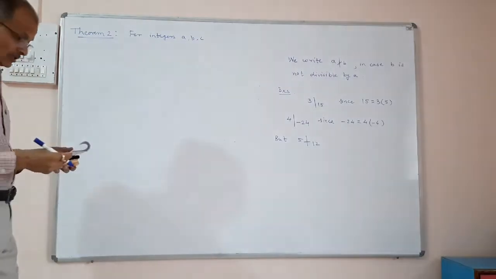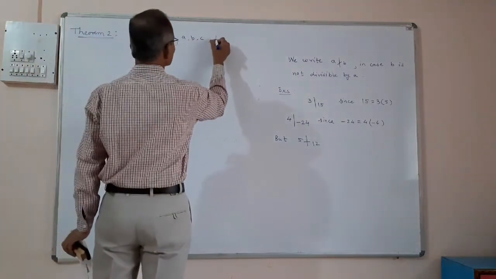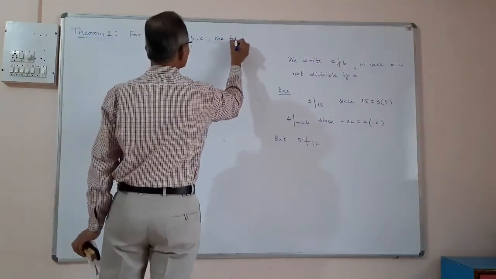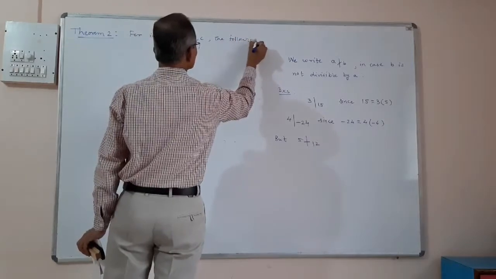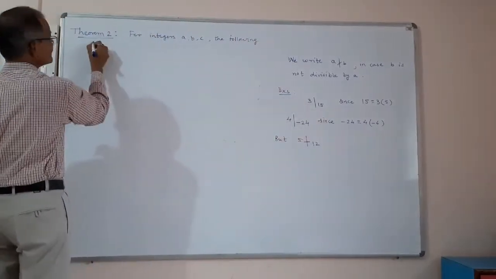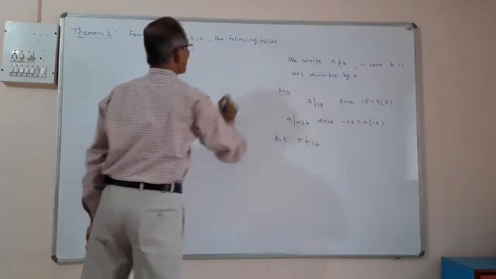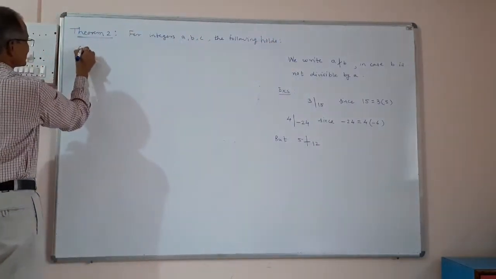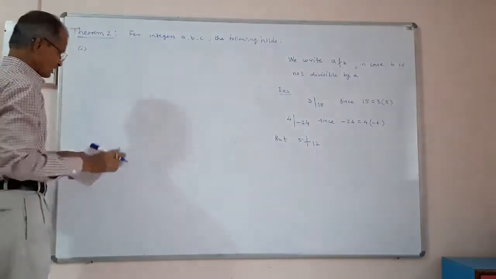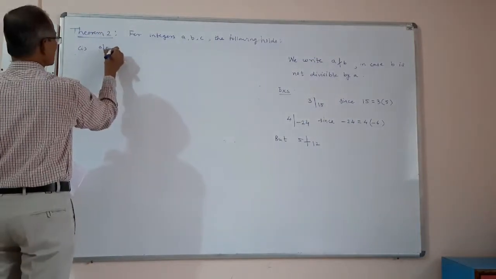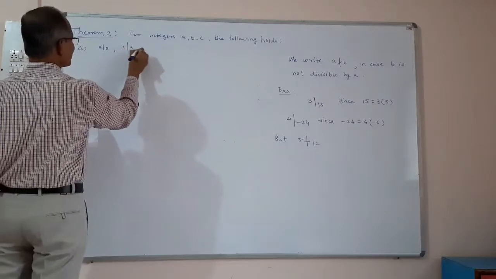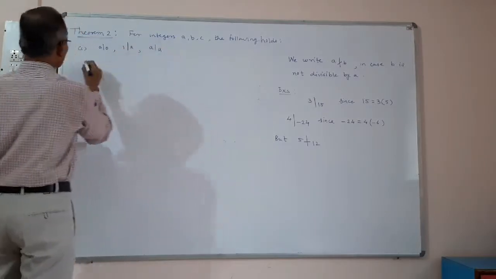The following holds. These are simple results depending only on the definition. First is a divides 0, 1 divides a, a divides a.